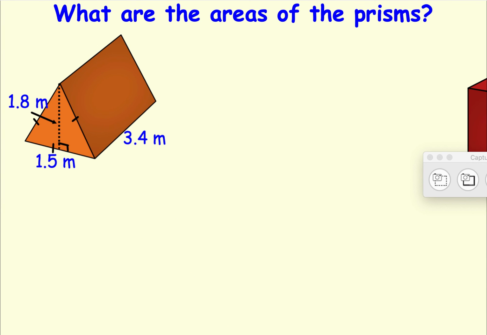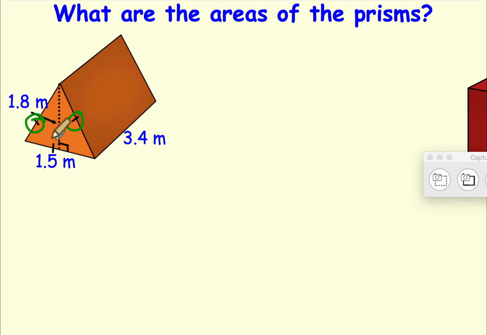Okay, now let's look at how we do this with a triangular prism. So let's look at our triangular prism. We know that in a triangular prism we have two faces, called our bases, that are triangles, and the other faces are going to be rectangles. Now, you see those little tick marks around, like here?